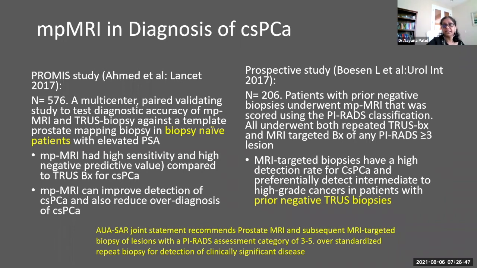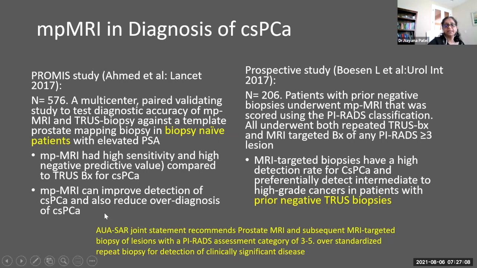In the patient with prior negative TRUS biopsy, there is also strong evidence in the literature supporting the use of multiparametric MRI compared to repeat TRUS biopsy.